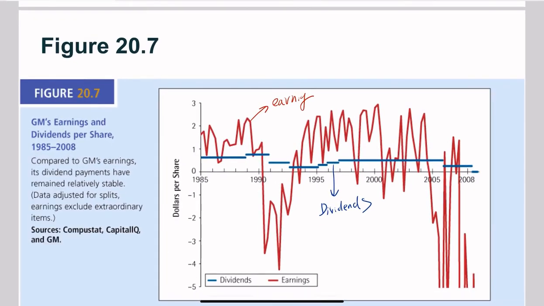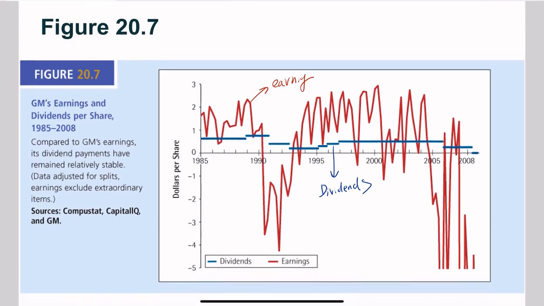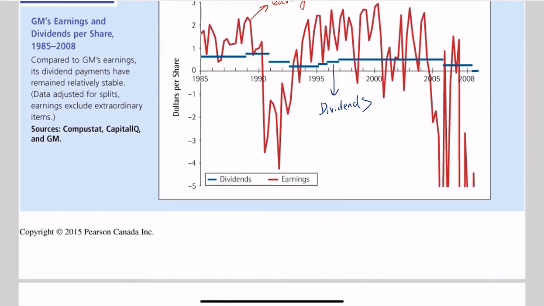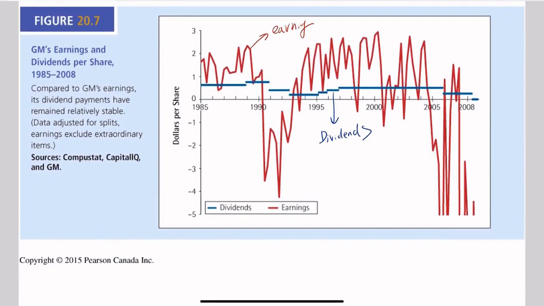What you can see here is GM's earnings are really volatile, right? You can see that in a good year, the dollars per share would be about $2 to $3. And in a bad year, it's below -$5. So this is a range larger than $8, right? So it's very volatile.